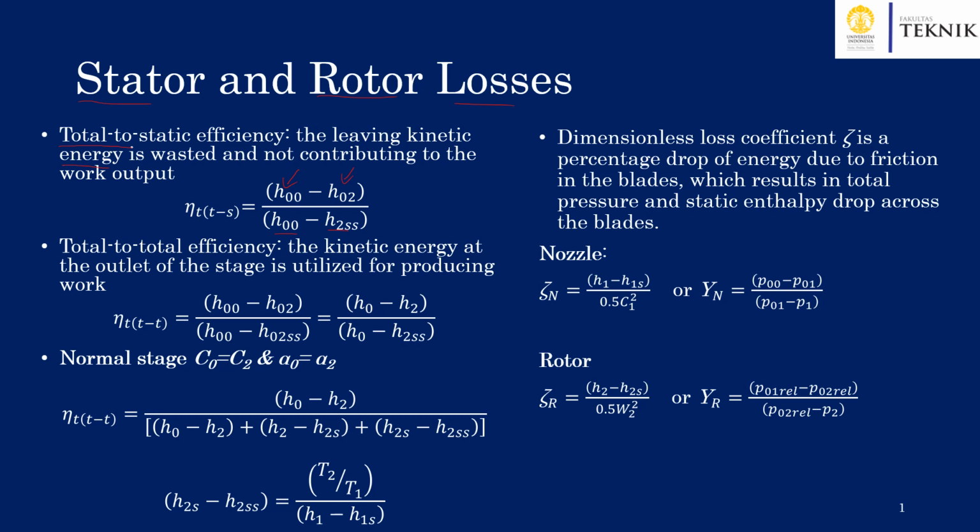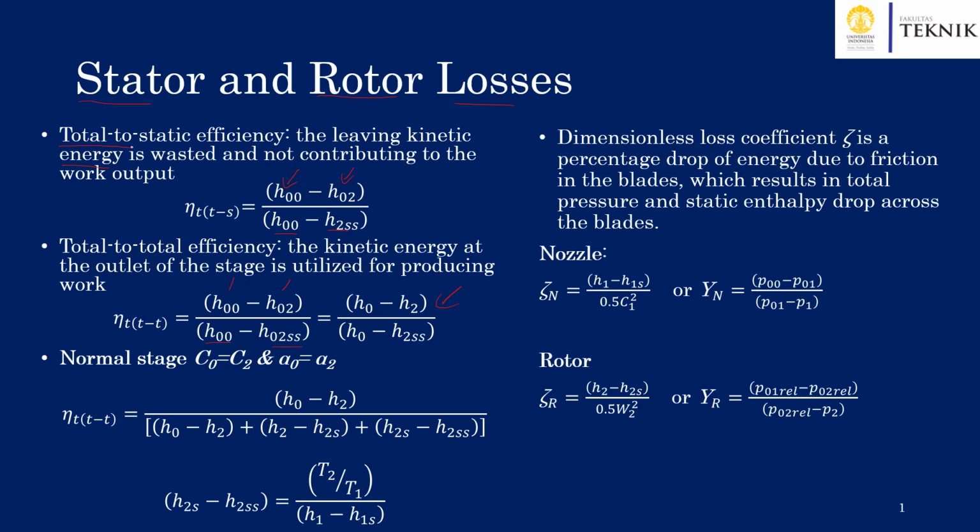It is a function of the enthalpy difference between the inlet of the stator and the outlet of the rotor, divided by the enthalpy at the inlet of the stator minus H02SS, or it can also be seen from the total enthalpy point of view.